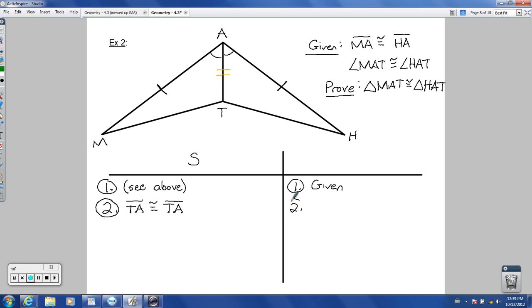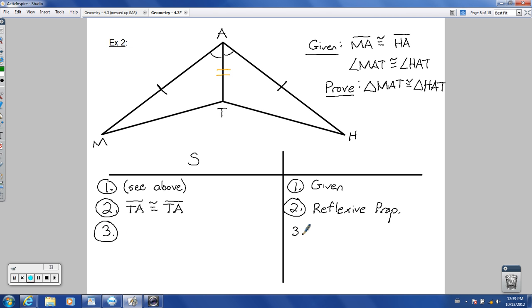And why would that be? Well, why would something be equal or congruent to itself? That's the reflexive property. So we actually do use the reflexive property a good deal in this chapter when we have these sides that are being shared by the 2 triangles or the 2 figures in question. We can say that's true.